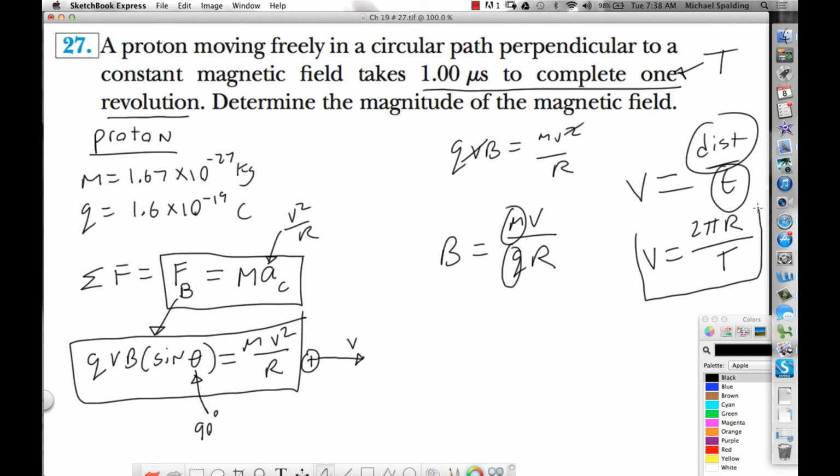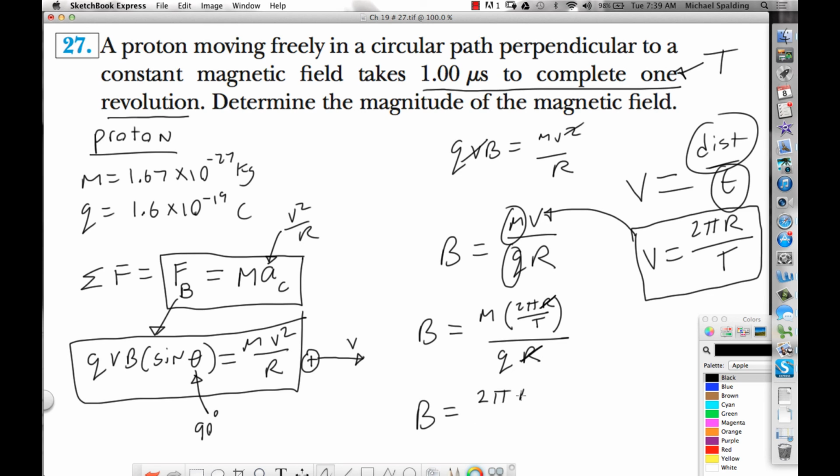This is true for any object in a circular path. That's the tangential velocity, so we plug it in there. Now we get magnetic field equals m times 2 pi r over the period, divided by q r. The r drops out, and we get 2 pi m over q T.